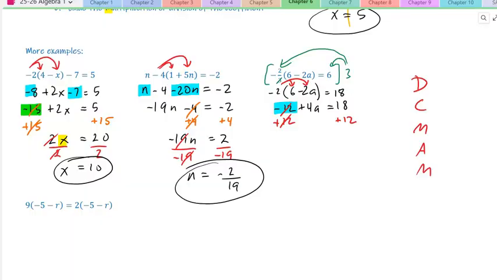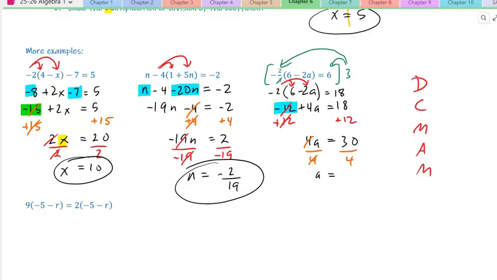And so that leaves me with 4a over here, and 18 plus 12 is 30. Okay, and now I'm going to undo the multiplication. Divide both sides by 4, the coefficient, and a is equal to 30 over 4.